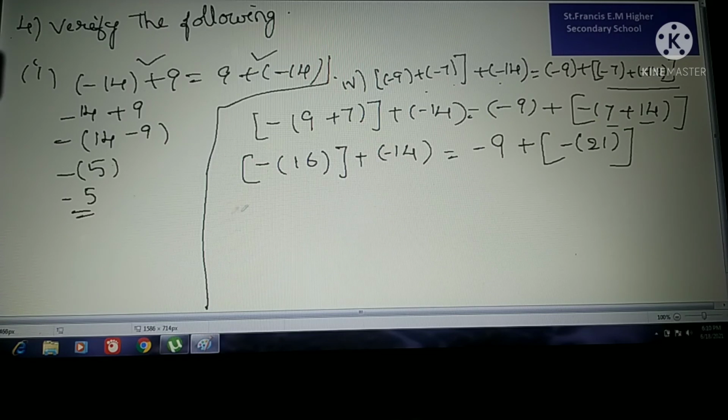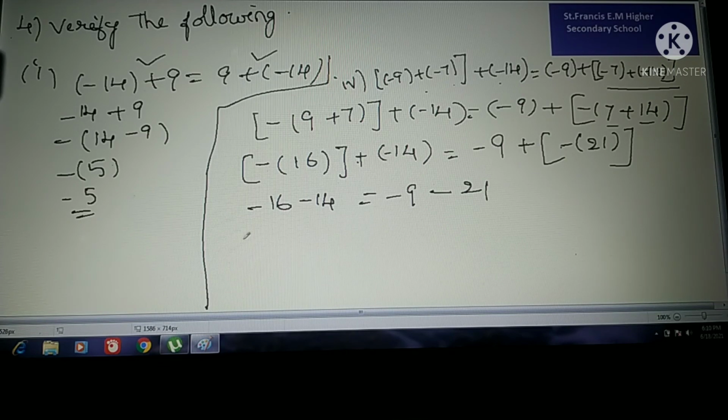Now they close the bracket. Now I am applying the minus here and removing all the brackets, here also minus 14. And see here minus 9, removing all these brackets, applying signs here, plus into minus, minus 21. Here also plus into minus, minus 14.